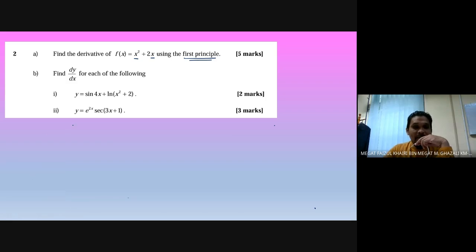Find dy/dx of each of the following: y equals sine 4x plus natural log of x squared plus 2. Okay class, can we make a deal with this?